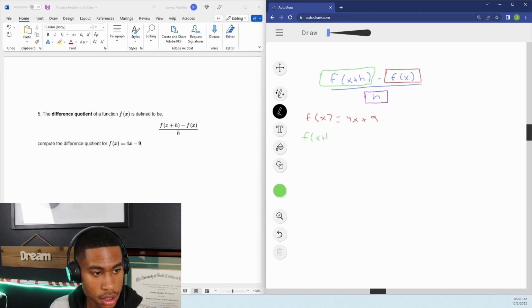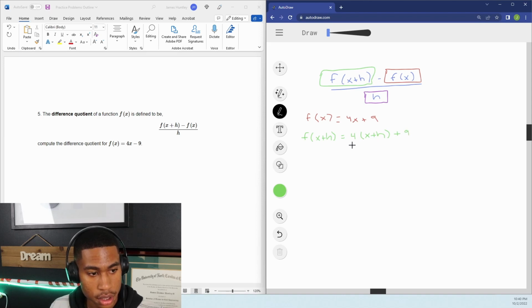So f of x plus h is equal to, we're just going to plug it into this function, just like we did in problem 1, right? 4 times x plus h, plus 9.